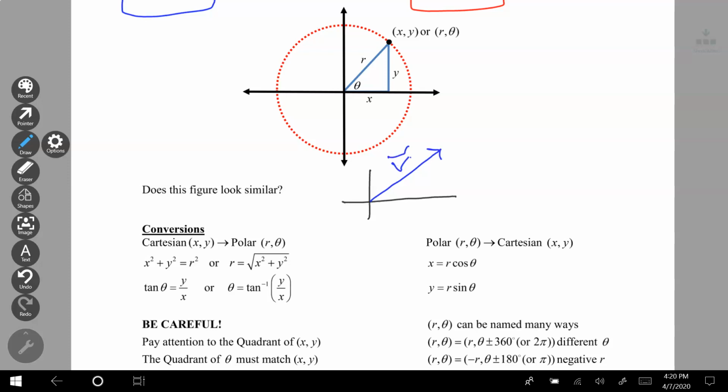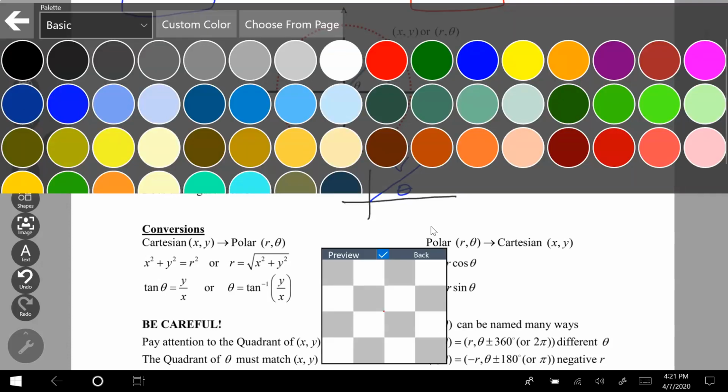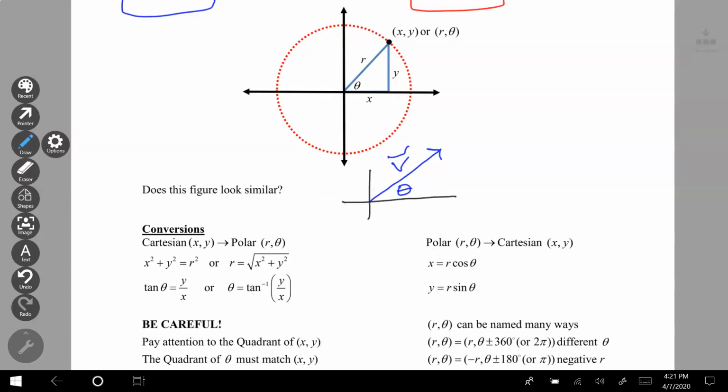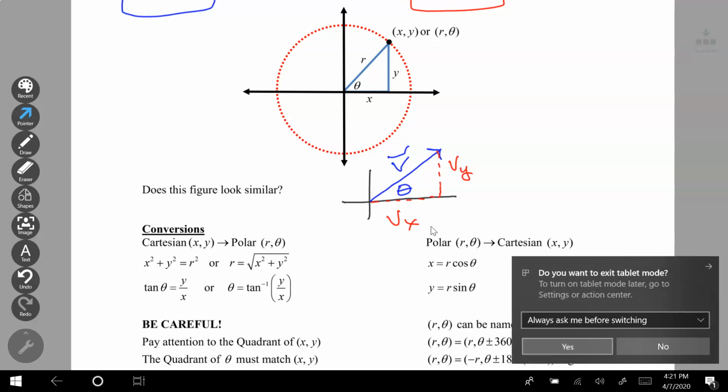Vector V, and angle theta, and then if I break it down in components, I have this. This is the y component, this is the x component. As you can see, this picture looks very similar to the coordinate picture that we had before.